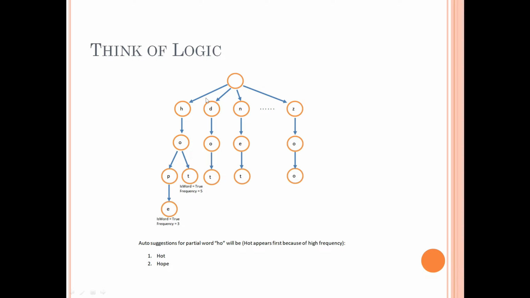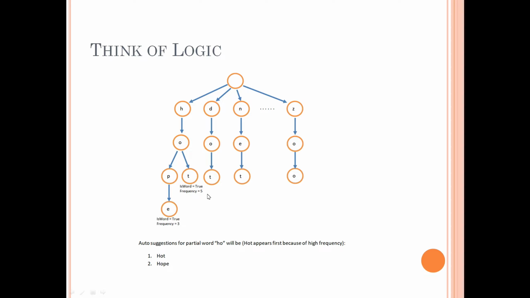Then we start iterating from here. We already find one H is there, and then we go to the next level, and here we see O is also there. So the only thing we have to insert is T, because T is not there. H-O-P, P was there but T was not there, so we'll insert one T. So from H we can have 2 words, H-O-P-E and H-O-T.